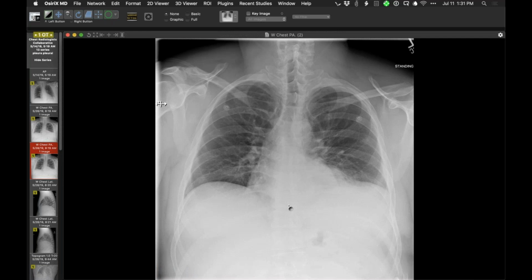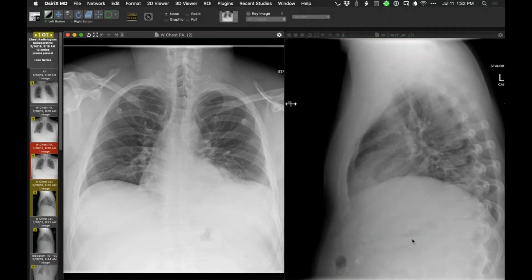Okay, this is a case I saw the other day, and I'll give you a moment to look at that. I did describe abnormality in the left lower lobe, and that's all I described. And that's not the dominant finding. So take a look at that for a moment. The lateral projection I will bring up alongside, but it's not that helpful.